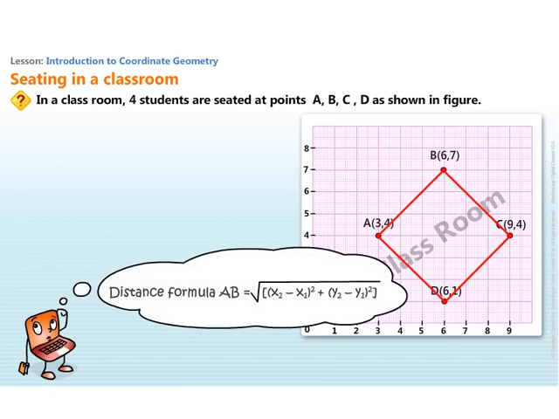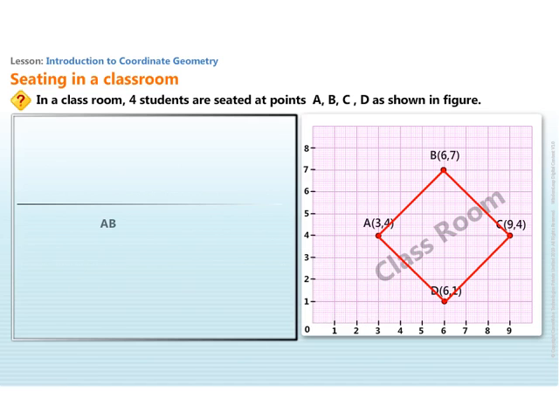We know by the distance formula, AB is equal to the square root of (x2 minus x1) whole square plus (y2 minus y1) whole square. Substituting the coordinates of the points in the distance formula, we get the distance between students seated at points A and B, AB, which is equal to 3 square root 2.